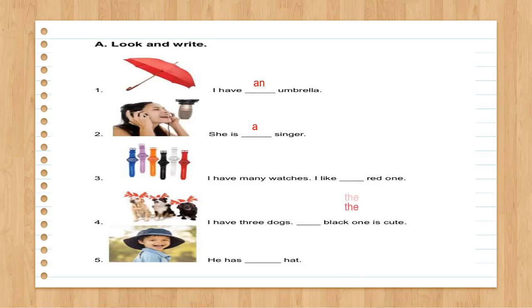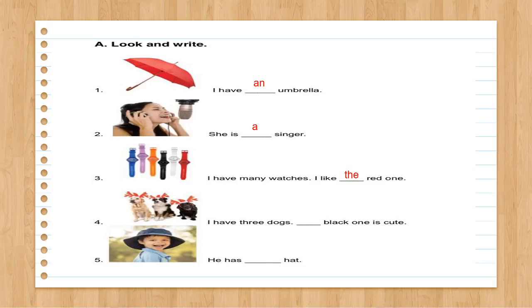I like the red one," right? In this picture we have so many watches with different colors, but we focus on only one, the red one. That's why we need to use the, which means a specific one thing.